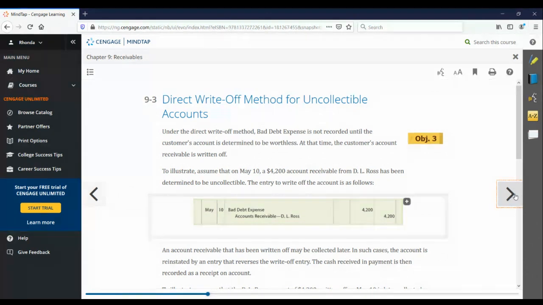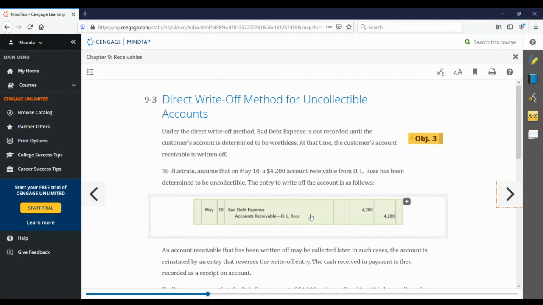We might have had the customer's account on our records for a long period of time, and so management comes in and says, I don't believe we're going to be able to collect from this particular customer, so we should write it off.